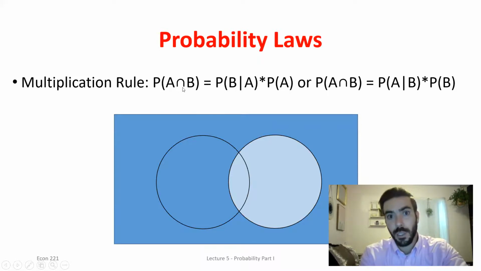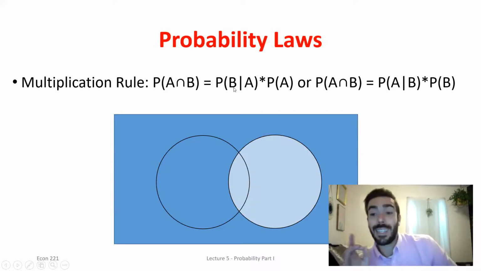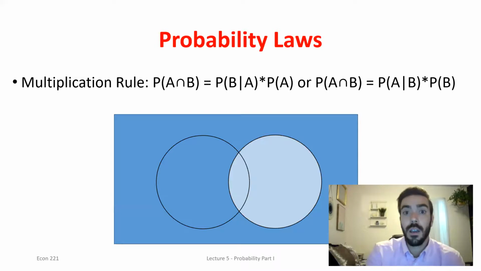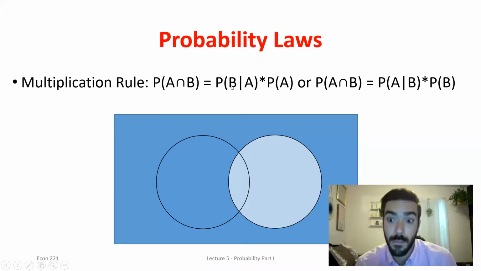The multiplication rule is that if I want the probability of the intersection of two events, A and B, I can take the conditional probability of B. The way we say this is, it's the conditional probability of B, because what's on the left side of this conditional line is still what I'm looking for the probability of. So I'm still looking for the probability of B.